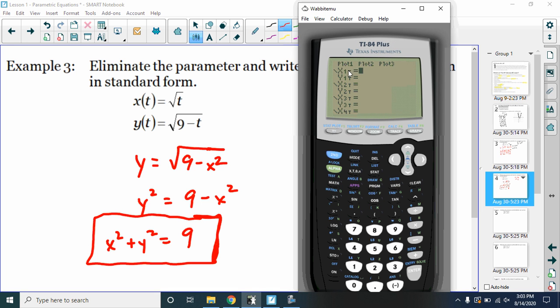And now when you go to y equals, it gives you not only a y equals, but an x equals as well. So I want to graph x equals square root of t. T is the same button as x when you're in function mode. So t is right here. And then the y equals here, we're going square root of 9 minus t.